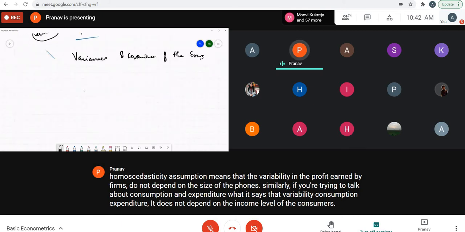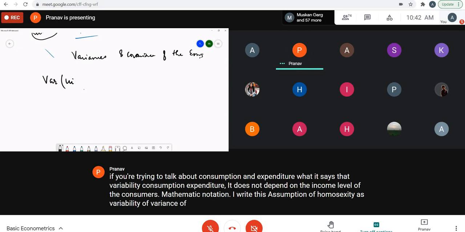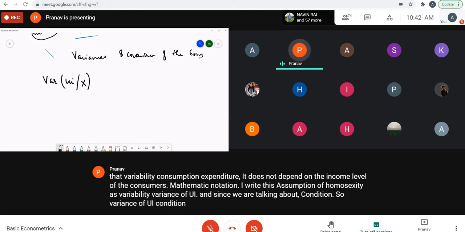In mathematical notation, I write the assumption of homoscedasticity as the variance of ui, and since we are talking about conditions, the variance of ui conditional on the data matrix X is sigma square, with no subscript attached to it.